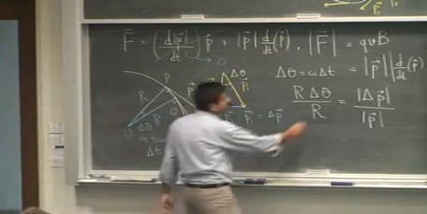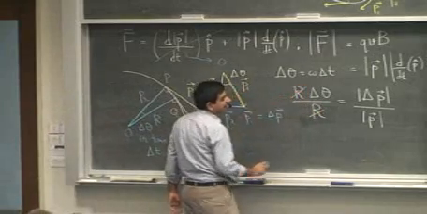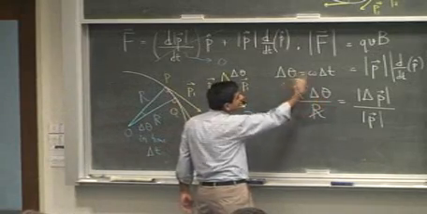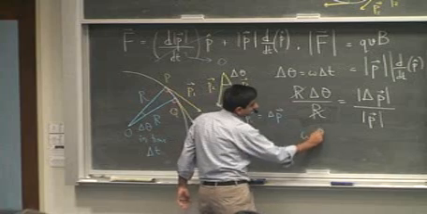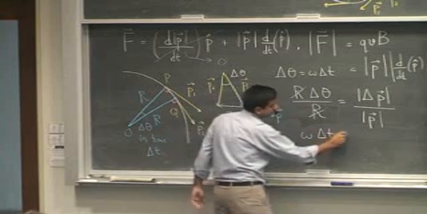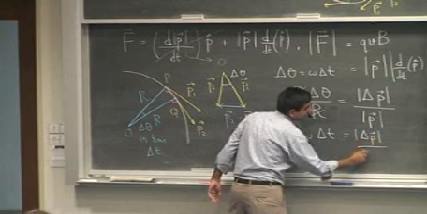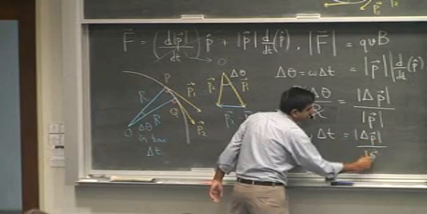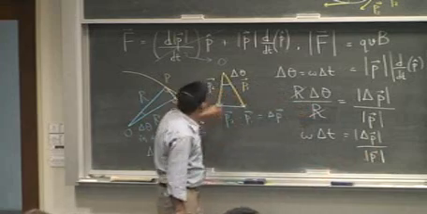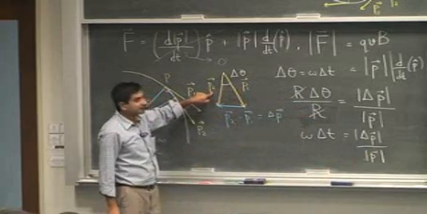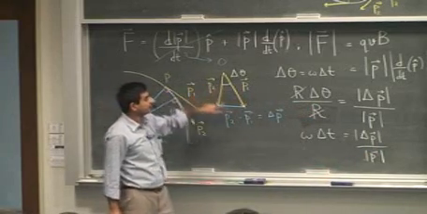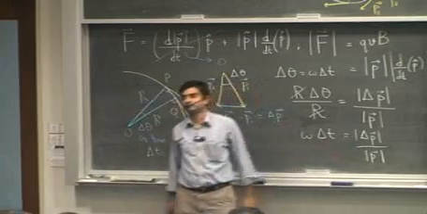So this r cancels out. I am left with delta theta, but delta theta equals omega delta t, equals delta p magnitude over p's magnitude. So I have replaced the magnitudes, since the magnitude of this vector is the same as the magnitude of this vector. So I call both of these p.